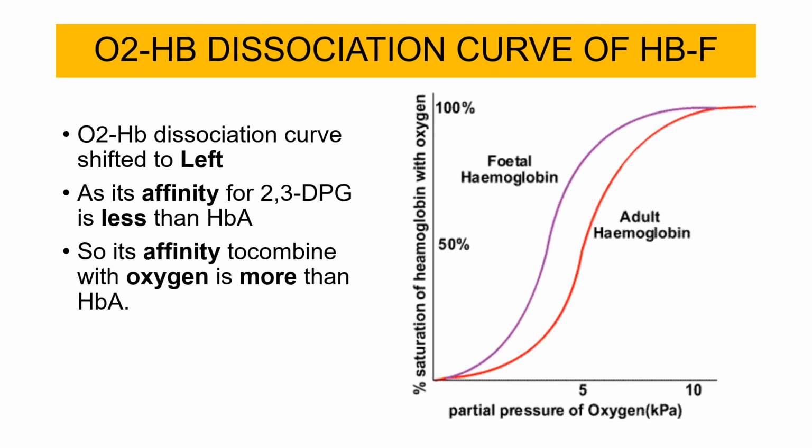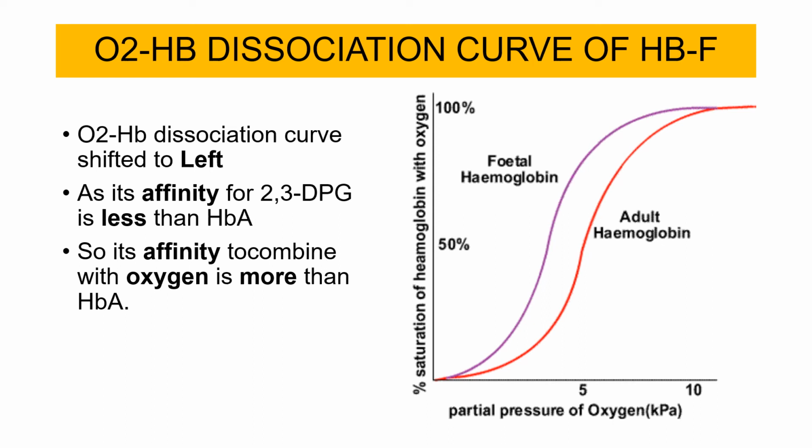So fetal hemoglobin shifts the curve to the left, and it also has a decreased affinity for 2,3-DPG in comparison with adult hemoglobin. So its affinity to combine with oxygen is more than the adult hemoglobin. Okay. But if it has higher affinity for oxygen, how is it able to supply the fetal tissue?